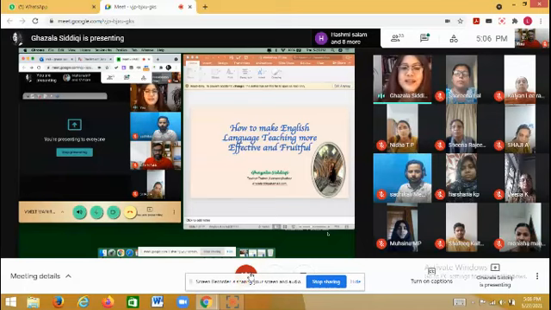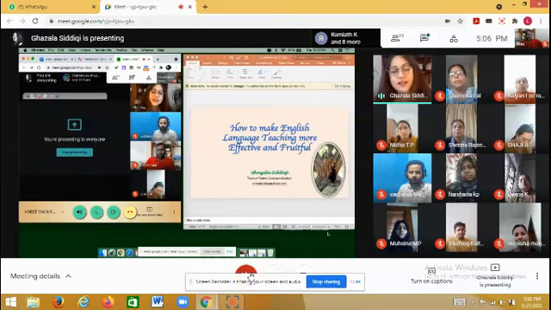I like to build windows in the wall. Why do I like to build windows in the wall? So that my students can have a view, a better landscape of learning outside. It is very important for us as teachers to get the real life scenarios from their lives into the classrooms.